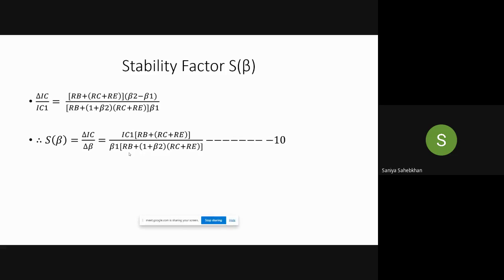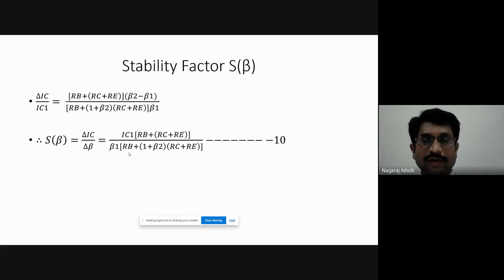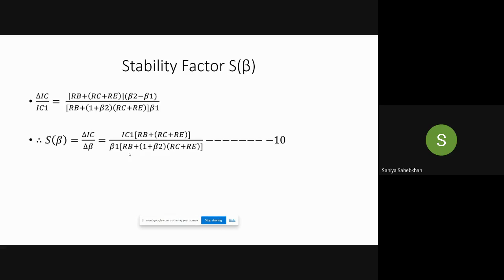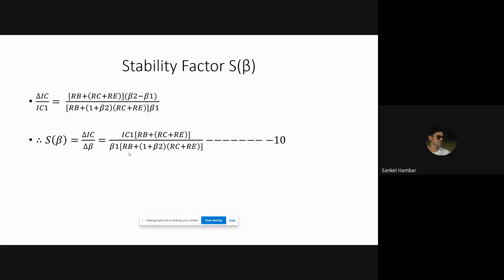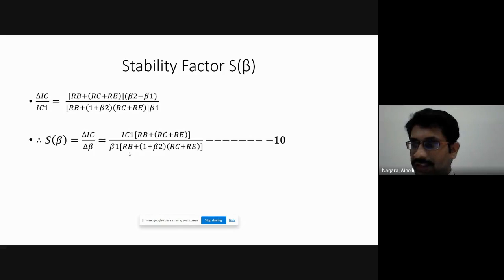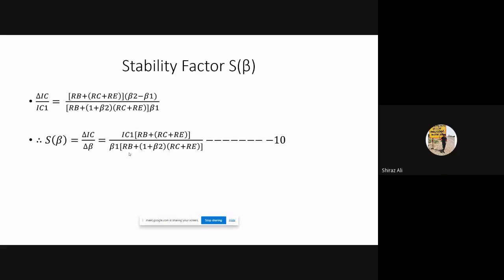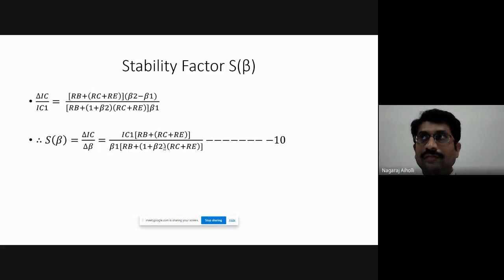Clear how to find S of beta? Yes, sir. Sanket? Shiraj? Yes, sir. I will try once. Yes, please try. If you have any difficulties, you can ask me anytime.